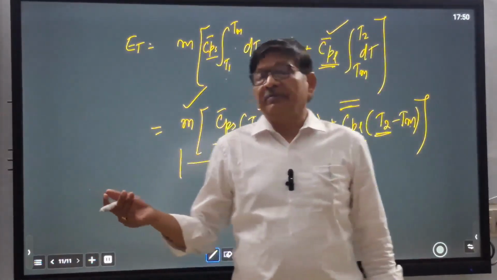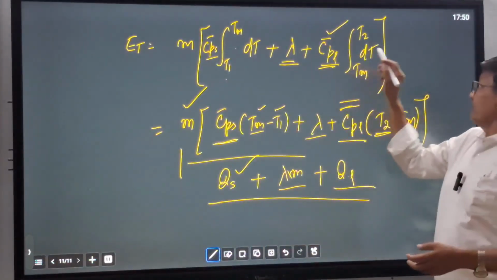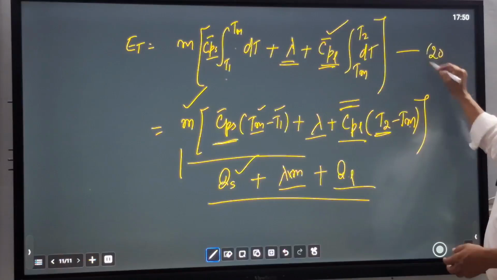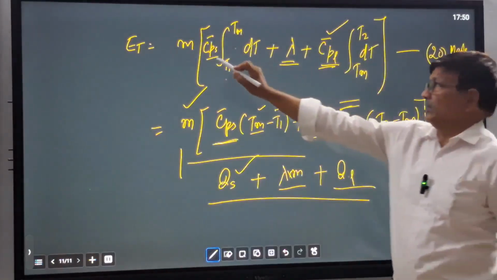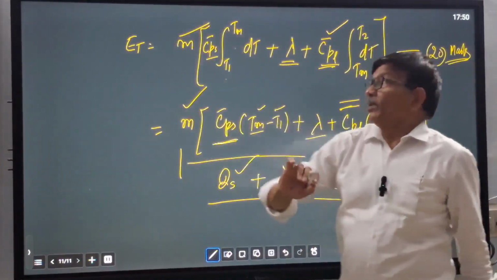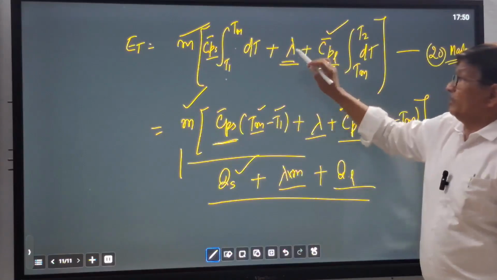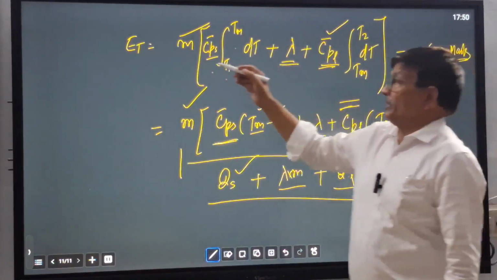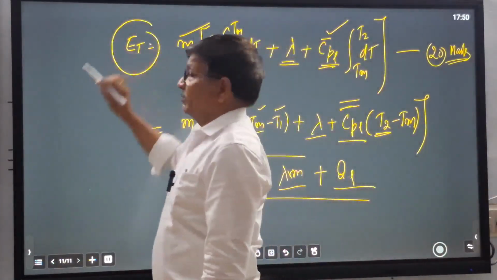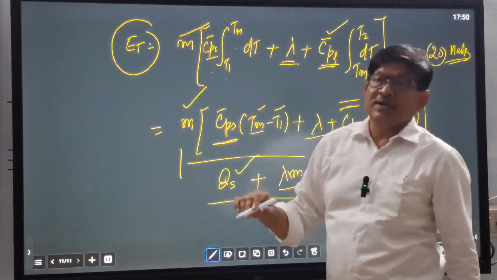So this equation is very important, and last year, 2025, a 20-mark question came in the IES, only on this, a very simple question: how much mass is required to store the energy. The temperature range was given, the latent heat was given, and the specific heats were given. We have to calculate the requirement. Suppose 2 megajoule or 3 megajoule of energy was given, and we have to calculate m.